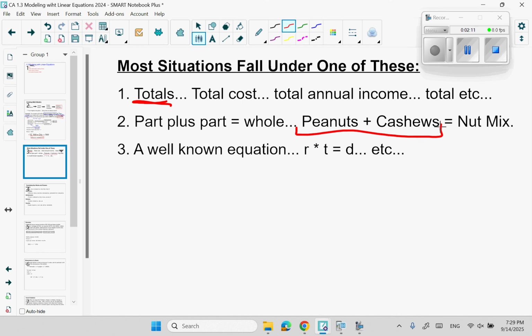So that would be probably a systems of equations. So it would be an x plus y equals a, and another x plus y equals b situation. And then overall, a well-known written equation such as rate times time equals distance. I'll go through some extra equations that come up a lot at the end.